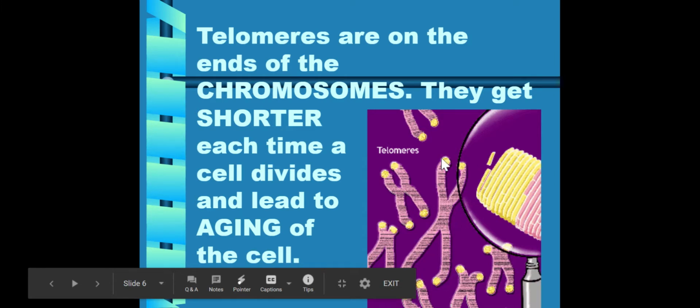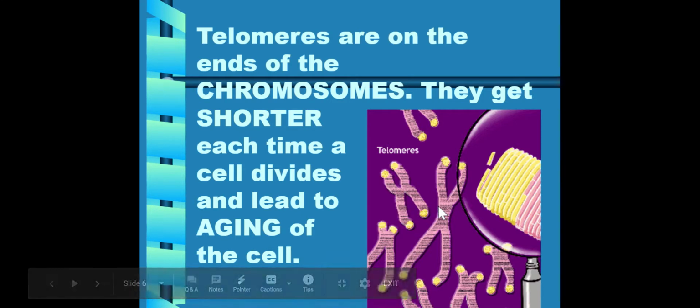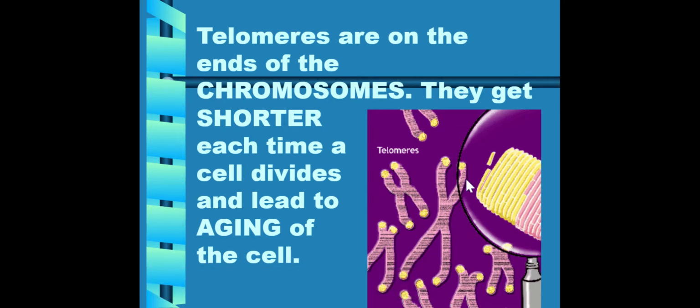And every time a cell divides, the telomeres get a little bit shorter. And finally, after a cell's divided about 60 times, the telomeres are so short that it leads to the cell dying. So it's one way that the cell kind of ages, is as each telomere gets shorter.